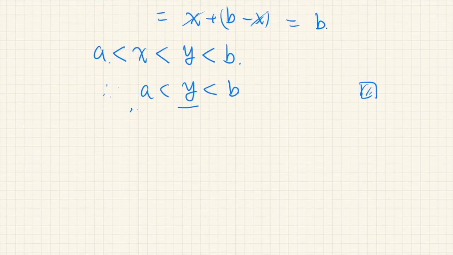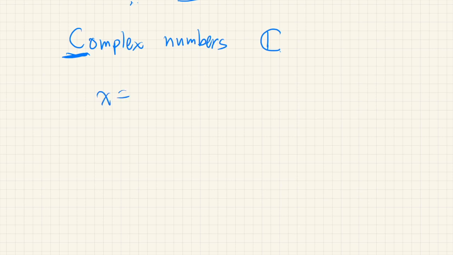All right, finally we introduce the set of complex numbers. We denote the set of complex numbers by C. Of course, this C represents complex numbers. If x is any real number, then we have x squared greater than or equal to 0. So no real number becomes negative when squared.